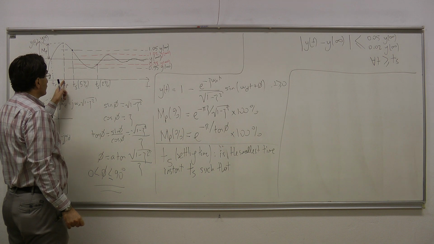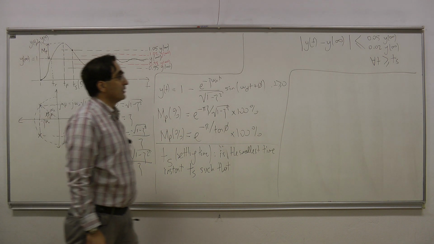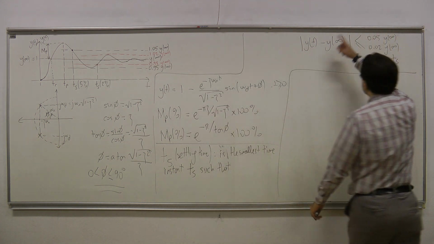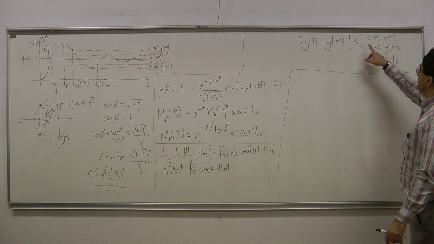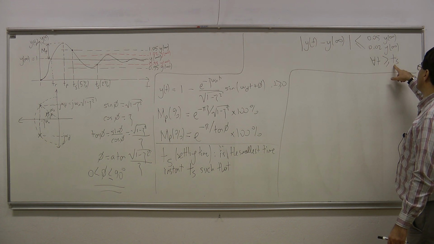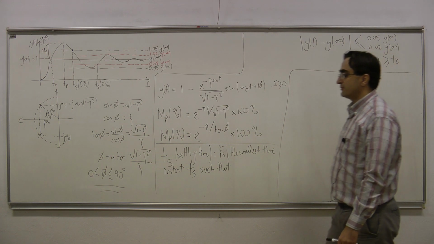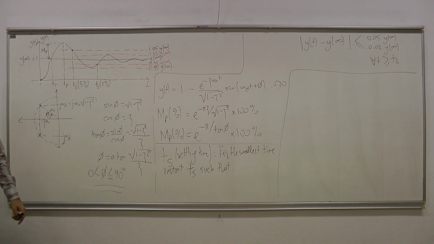I am trying to look for the smallest settling time value ts that would satisfy these conditions. These conditions are satisfied by infinitely many ts values, and I'm looking for the smallest such ts value to find my settling time.